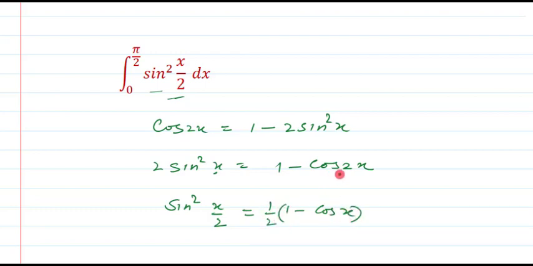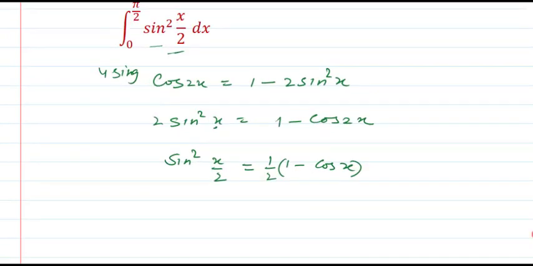Using this identity. So let us do the change. So this integration from 0 to pi by 2 can be written as 1 upon 2, a constant term, let us take it outside, and the function is (1 minus cos x) dx.